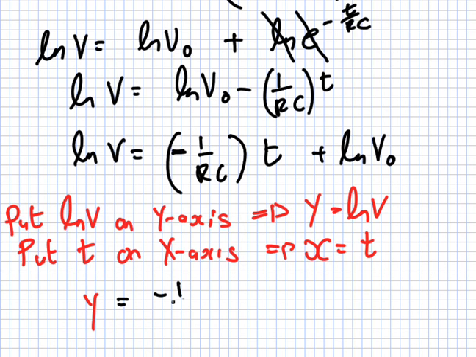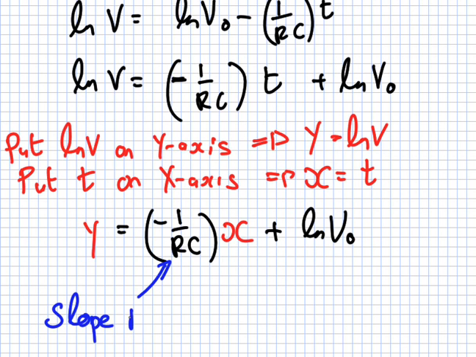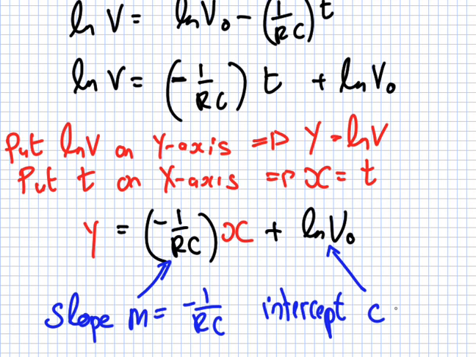So we now get y equals minus 1 over RC times t, which is x, plus log V0. So I hope you can see that the slope m equals minus 1 over RC, and the intercept c, small c, please note this c is different to the other c, equals log V0.